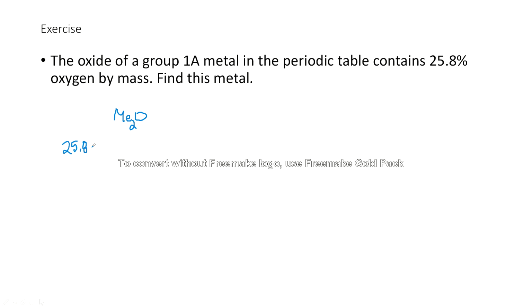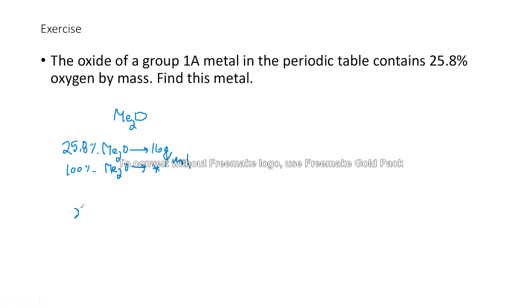How about for the 100%? And that should be grams per mole.